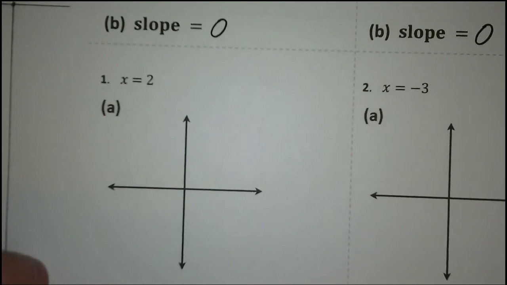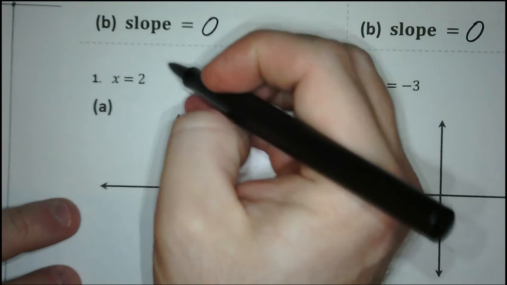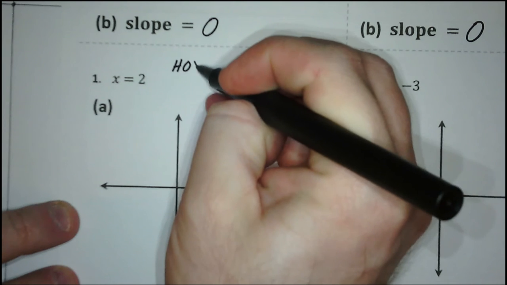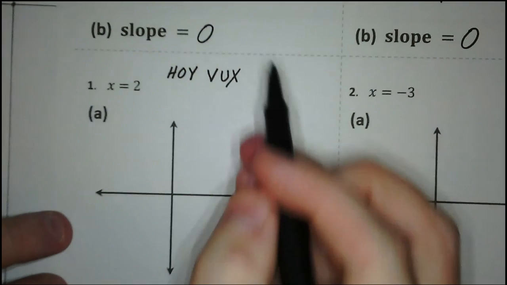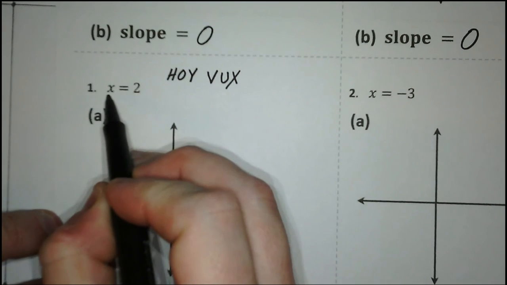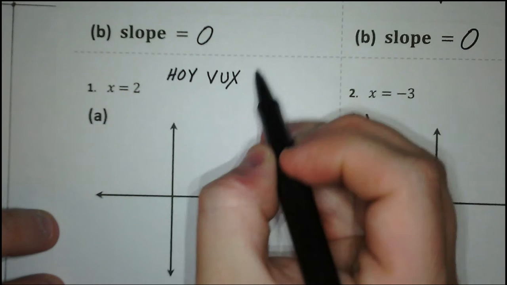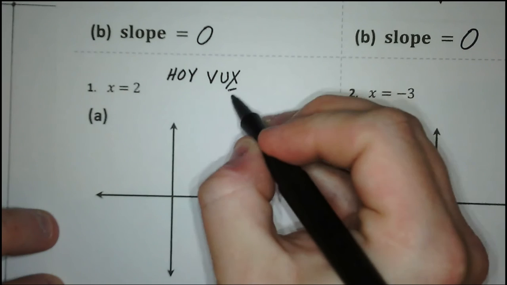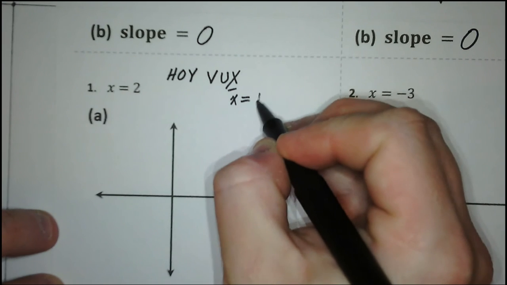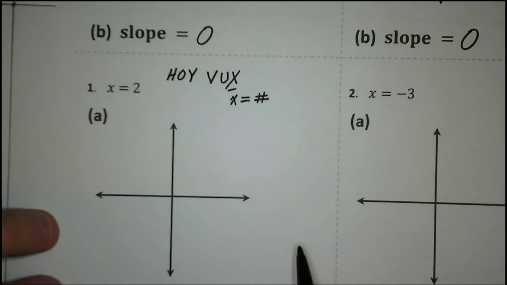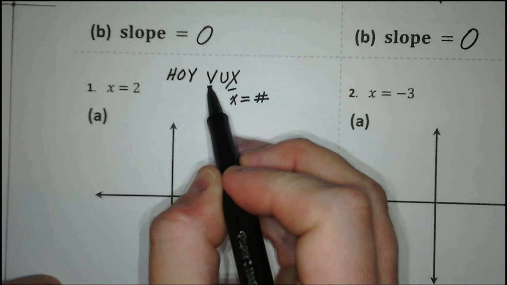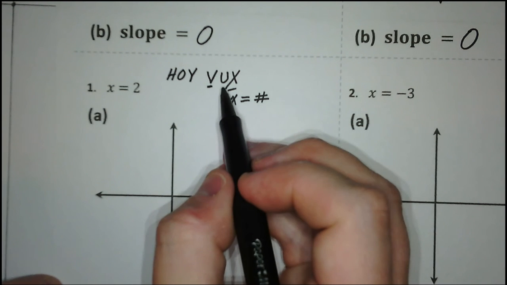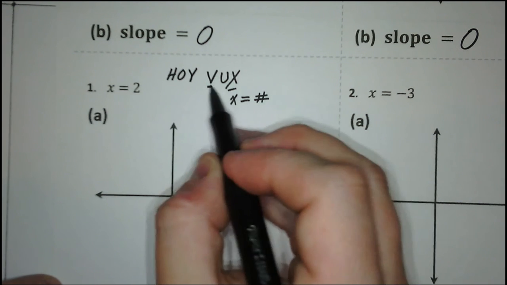All right. Now, the other part of Hoivux was the Vux. And if your equation only has an x, and it's like x equals something, then your line is going to be, what's the V stand for? Vertical. So your line is vertical.